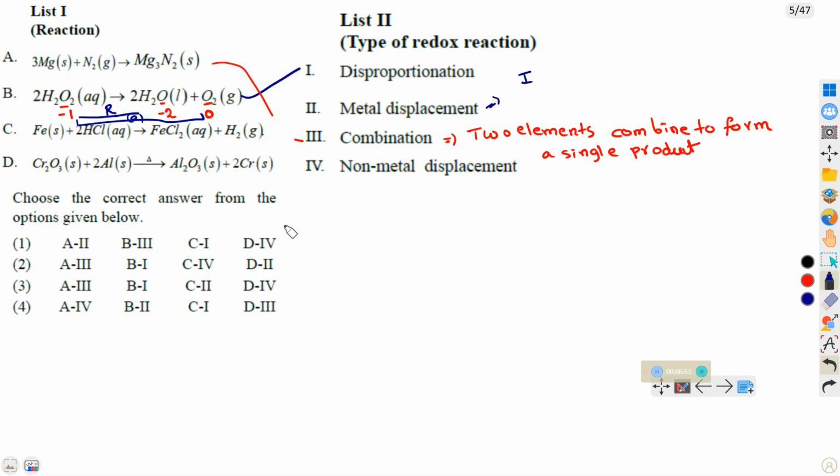Iron displaces hydrogen, a non-metal. C4, A3, B1, C4. Second option is the correct option. So here note down, iron displaces the non-metal hydrogen from acid.